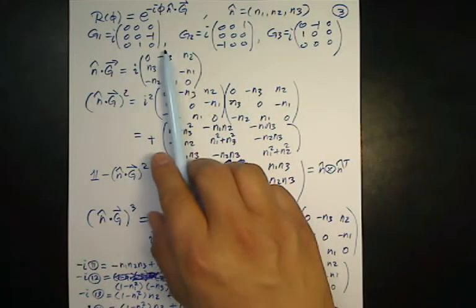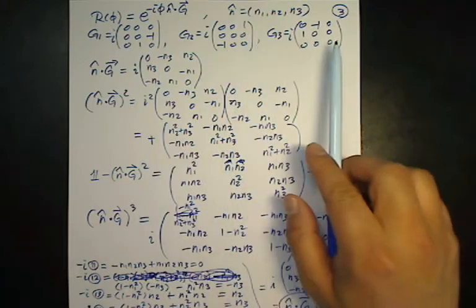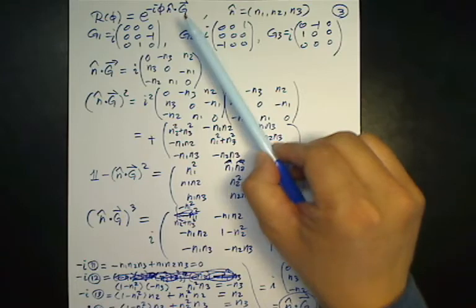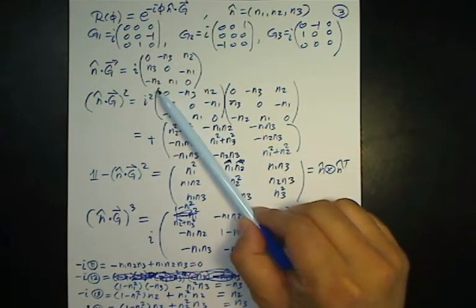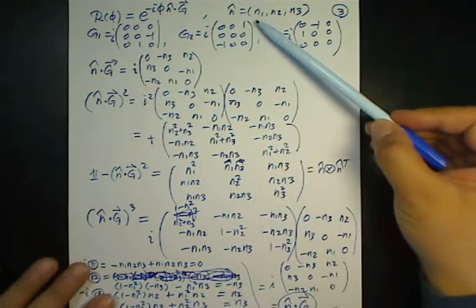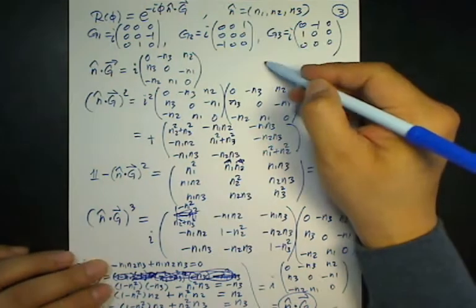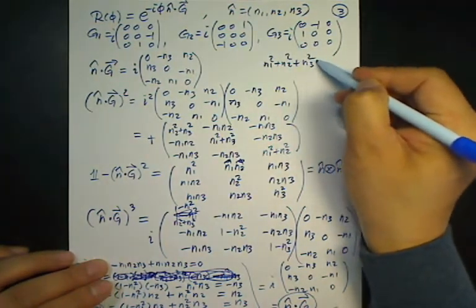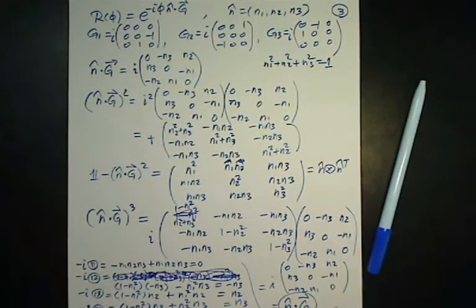We recall G1, G2, and G3, and this one, n hat dot G, appears in here. N hat is the unit vector, that means n1 squared plus n2 squared plus n3 squared is one, unity.